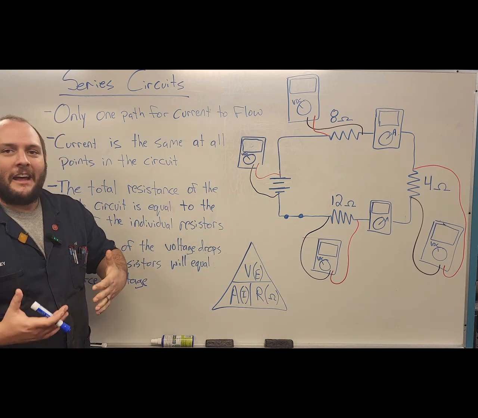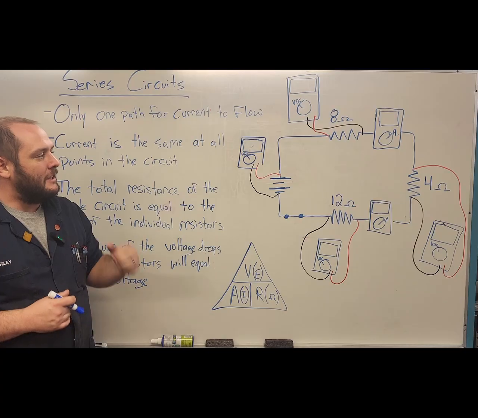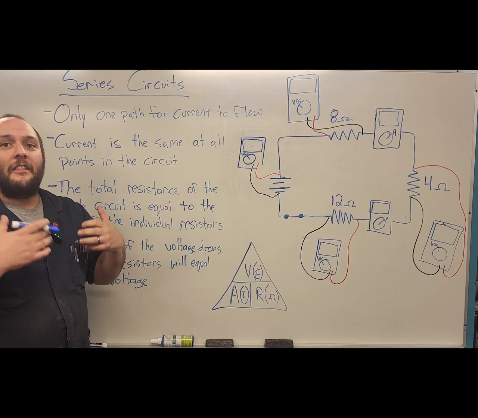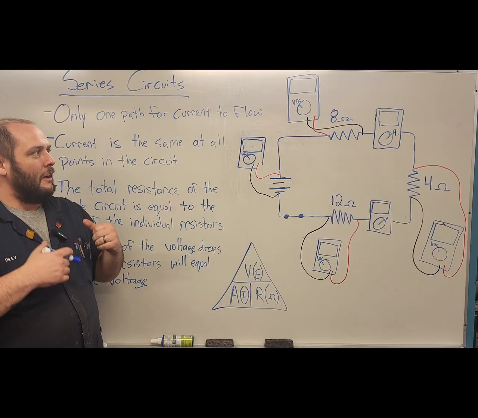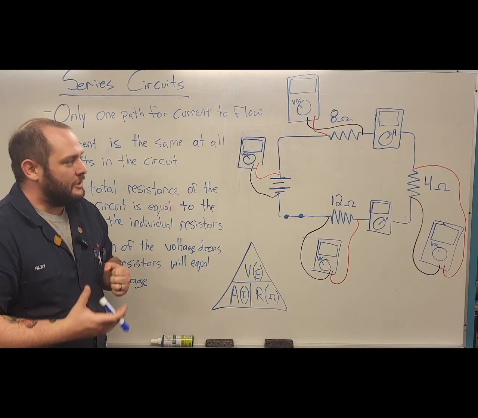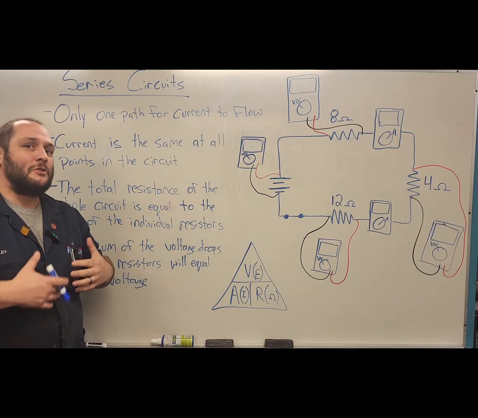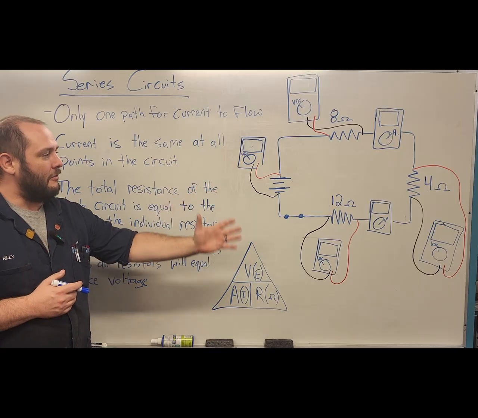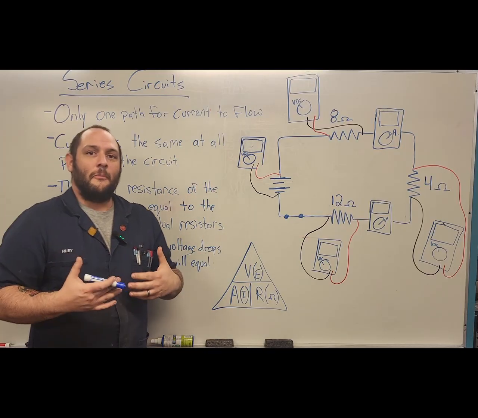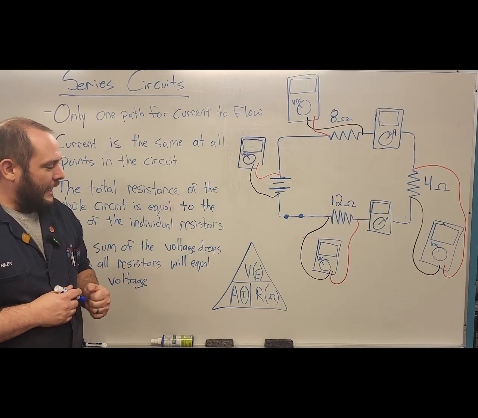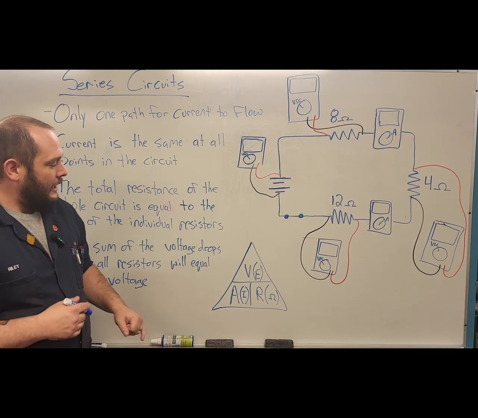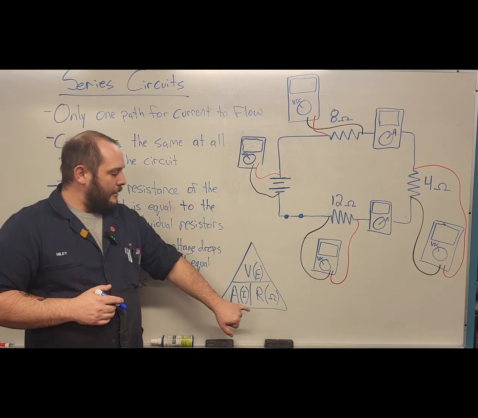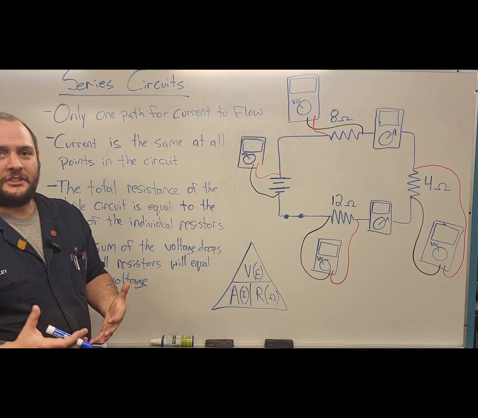a schematic with all my multimeters in place that's going to help me identify the different aspects or voltage drops or amperage draws throughout this circuit. And as we go through, I'm going to populate all of these drawn on multimeters to help solve this equation. Down here, I have my mathematical equation triangle for voltage, amperage, and resistance and their relationship to one another.